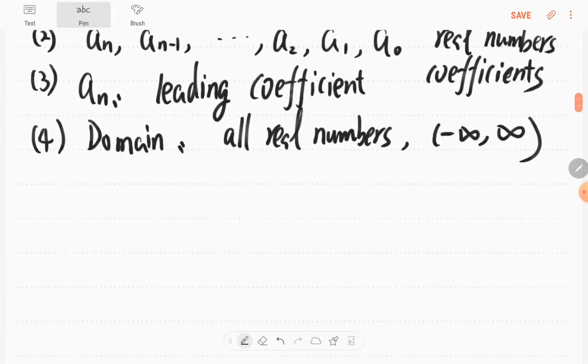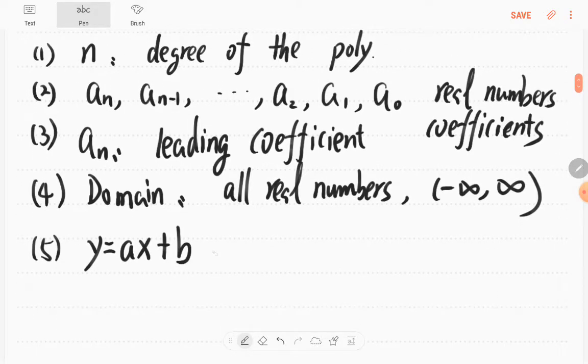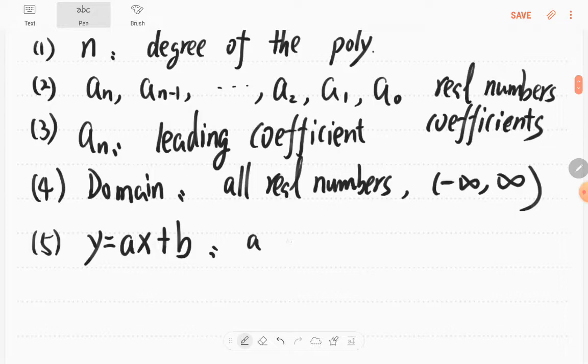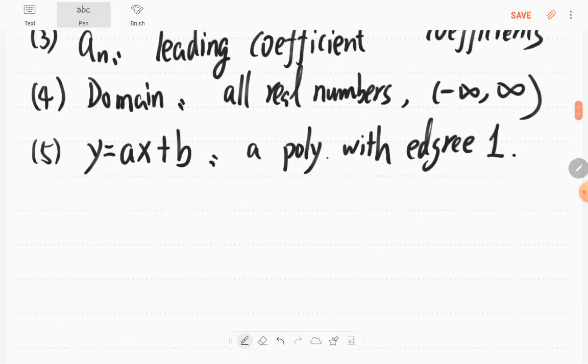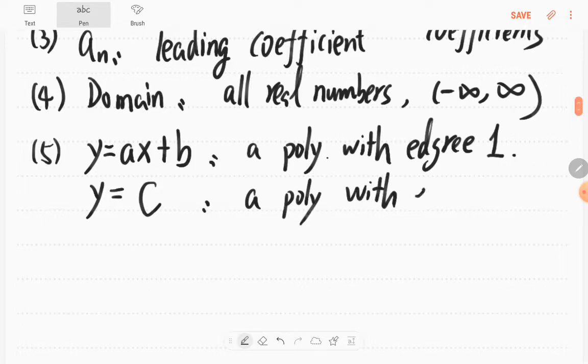Where we have learned the y equals ax plus b, right? This is a very special polynomial, which is a polynomial with degree 1. And if you have y equals a constant c, this is called a polynomial with degree what? 0.